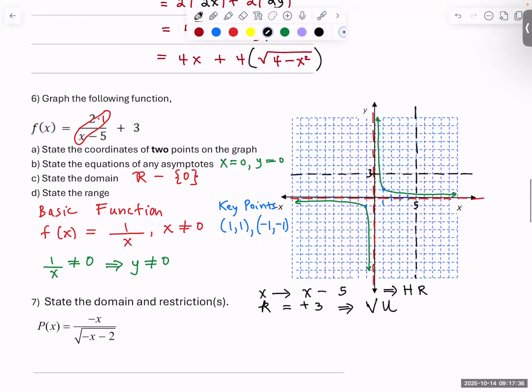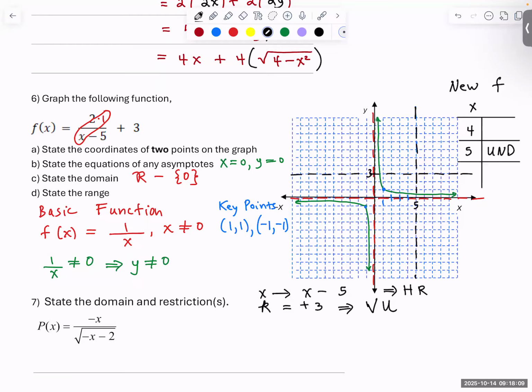So let's make a table to the far right over here. Let's say for the new transformed function, we're going to input for x good choices, which are +4, 5, the function is undefined, UND, and 6.